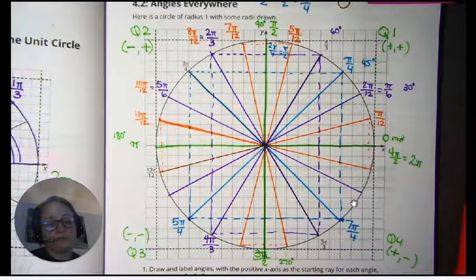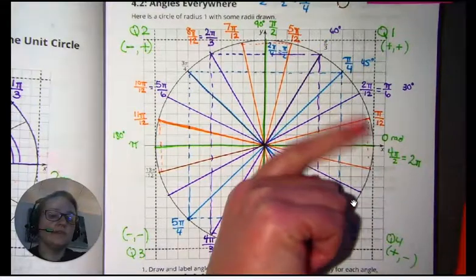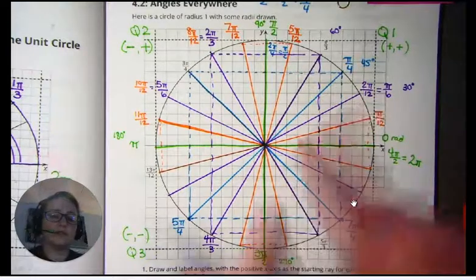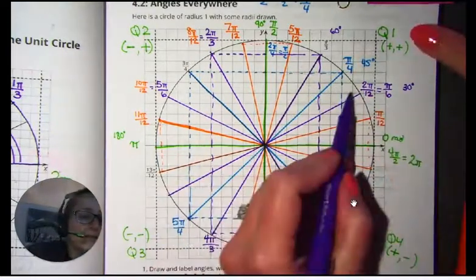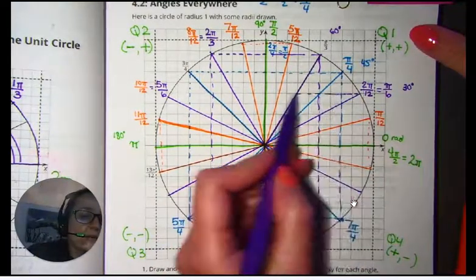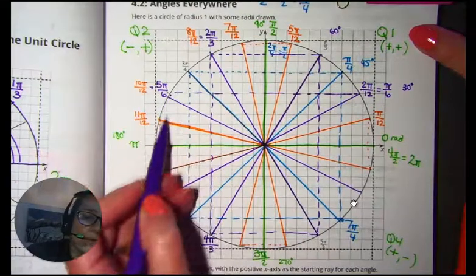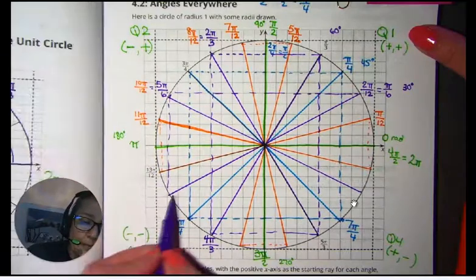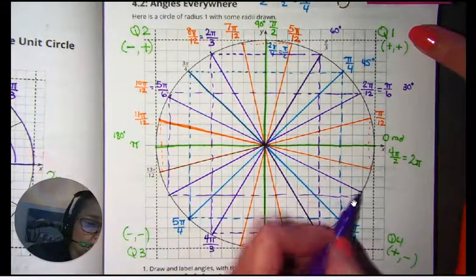In the same way, each of these smaller ones, that pi over 3 now split in half, pi over 6 at 30 degrees, each of these also connects in a square, or a rectangle. Gotta think like a geometry teacher.